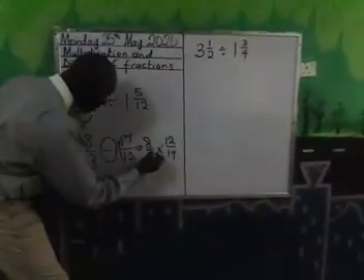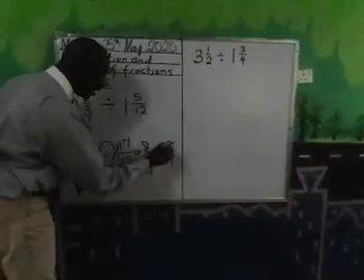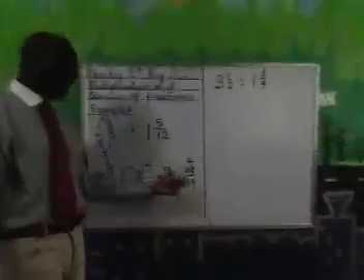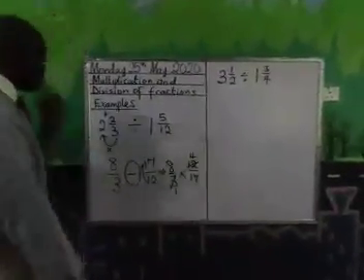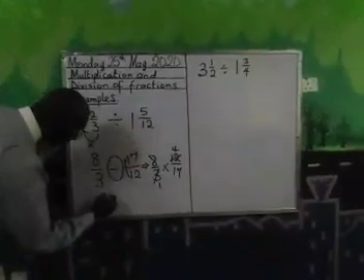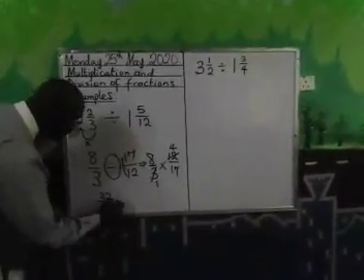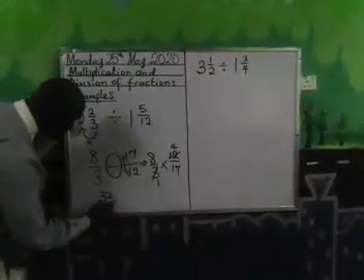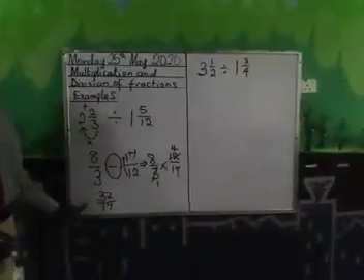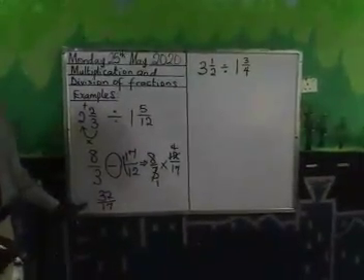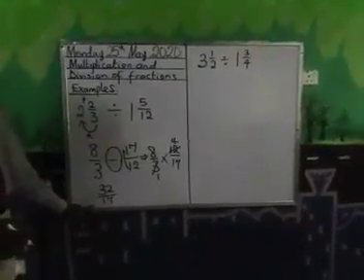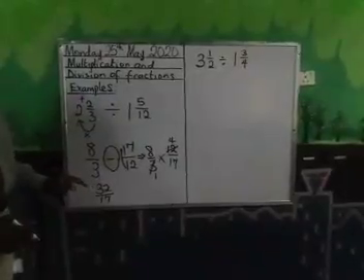Now, you say 3 here 1, 3 here 4. Is there any other number that is a factor that can divide? No. So what you do next is say 8 times 4, that is 32, over 1 times 17 is 17. But this was an improper fraction. So we find a way of dividing the 32 by 17. How many times can we have 17 in 32?